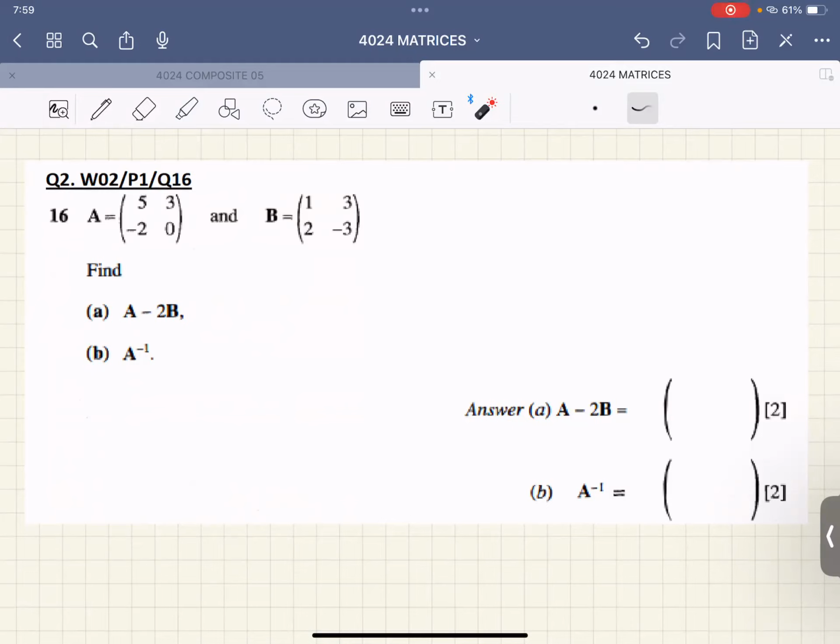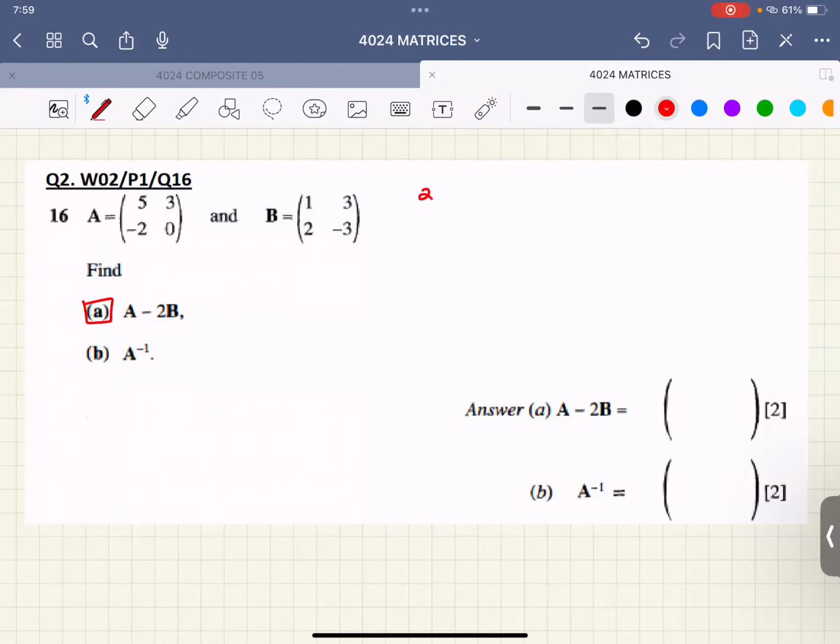Now, question number 16. A is 5, 3, -2, 0. B is this matrix. Find A minus 2B. Find A inverse. Simple question. Let me explain it to you. First of all, part A, I'm focusing on A minus 2B.